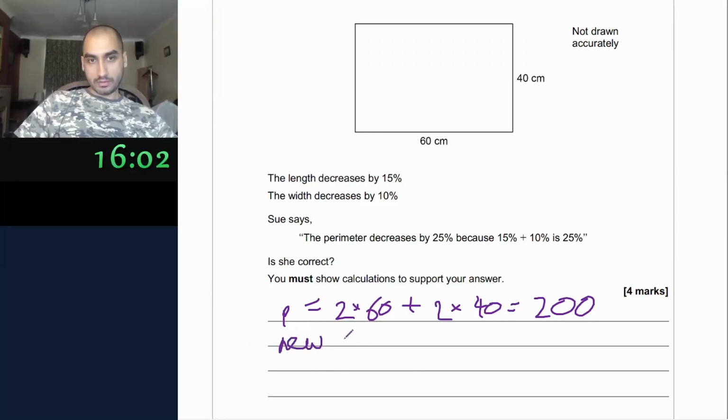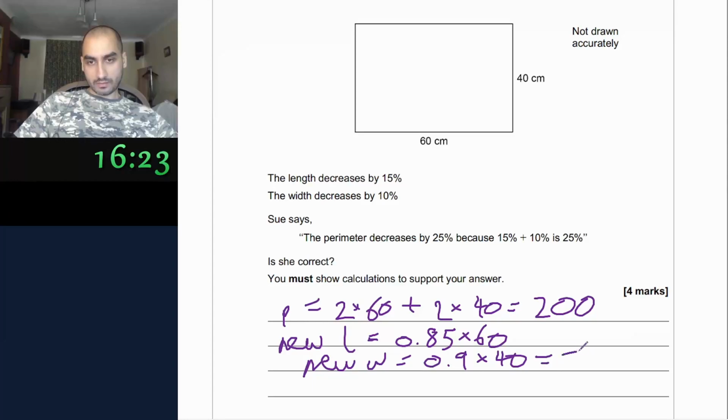New length equals 0.85 times 60, which is 51. New width equals 0.9 times 40 equals 36.